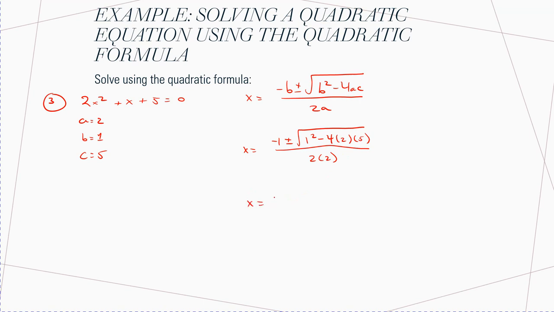So x is equal to minus 1 plus or minus, this ends up being the square root of 1 squared is 1, minus 4 times 2 is 8, 8 times 5 is 40, so minus 40 all over 2 times 2, which is 4. Well, 1 minus 40, oh, we got a negative number under the radical. Okay, that's okay.